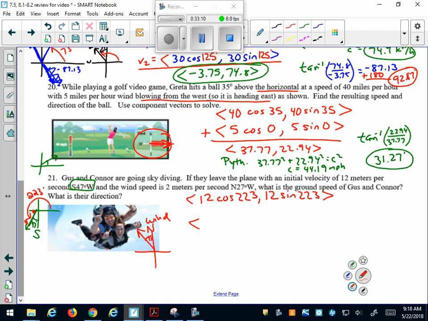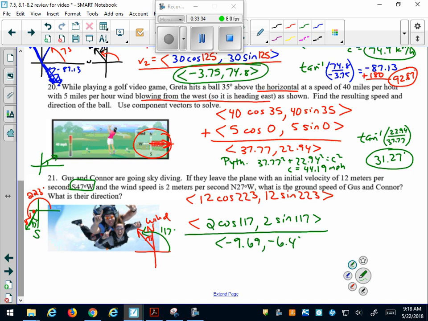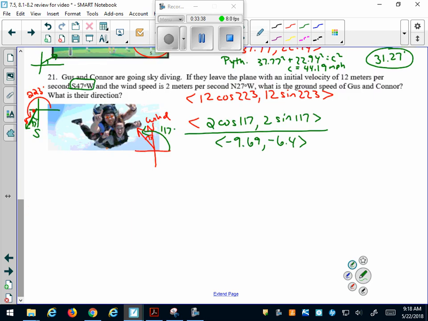Well, if that's 27 degrees from the horizontal, we have to go from here and do 90 plus 27, and that is 117 degrees from the horizontal. So this is 2 cos 117 and 2 sine 117. Negative 9.69, negative 6.4. Again, we've got our component form.